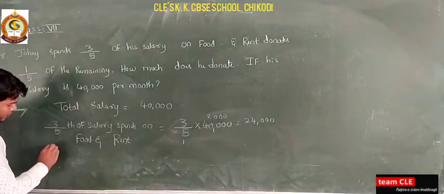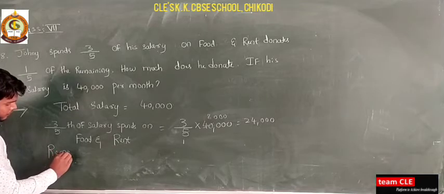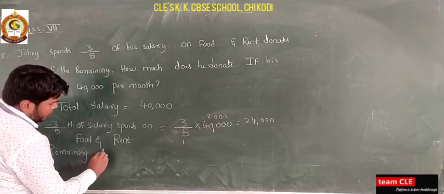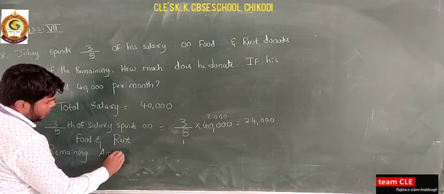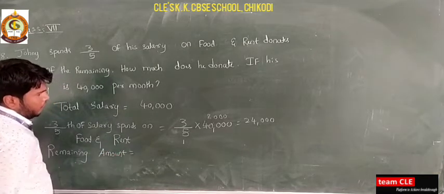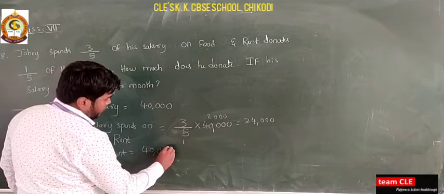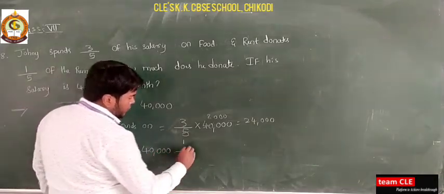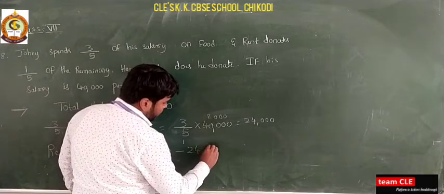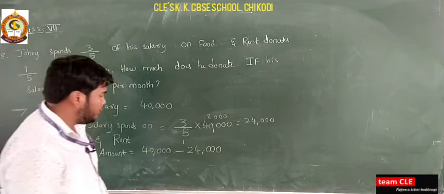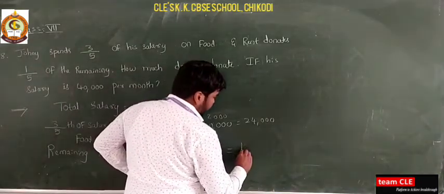Next, write the remaining amount, that is 40,000 minus 24,000, which is 16,000.